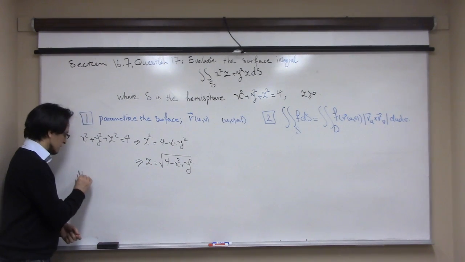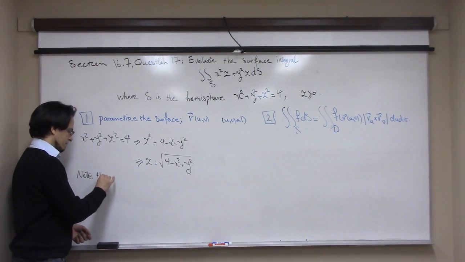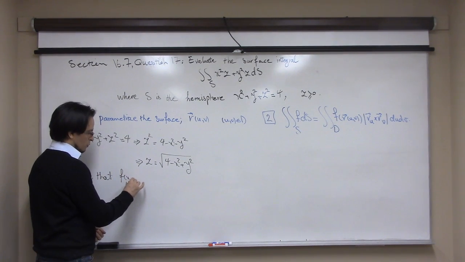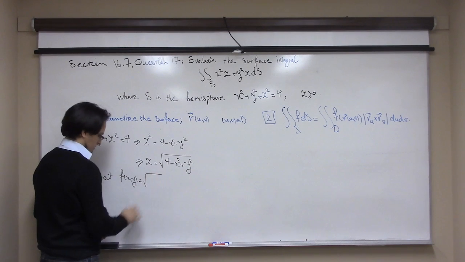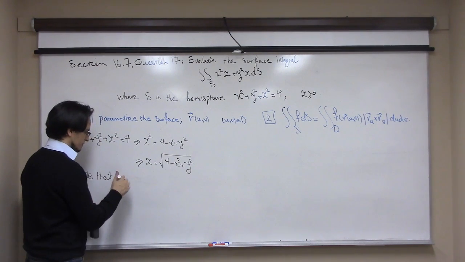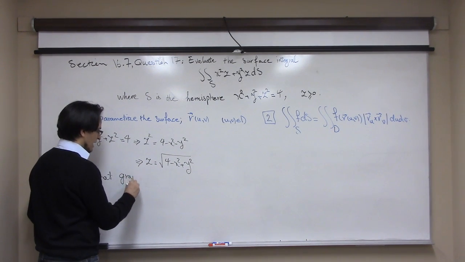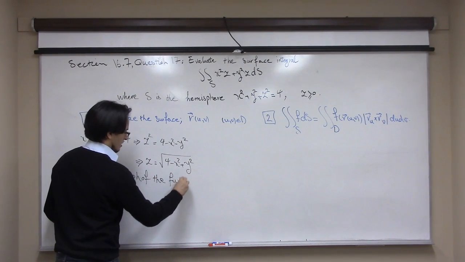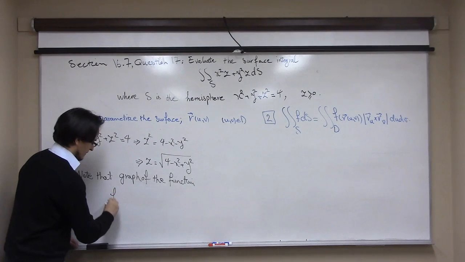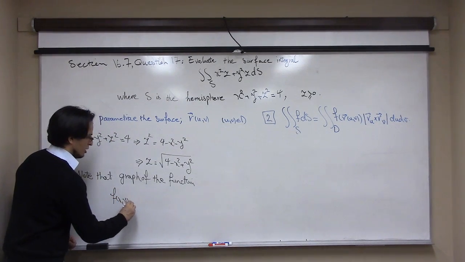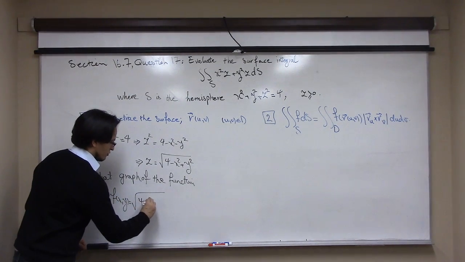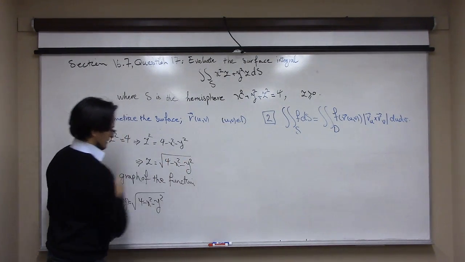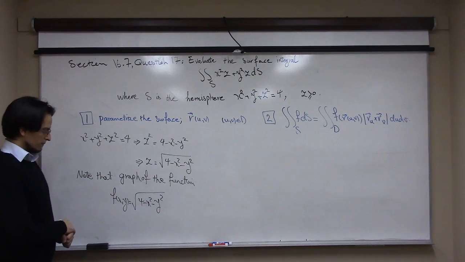So note that the graph of the function f of x, y equals the square root of 4 minus x squared minus y squared.